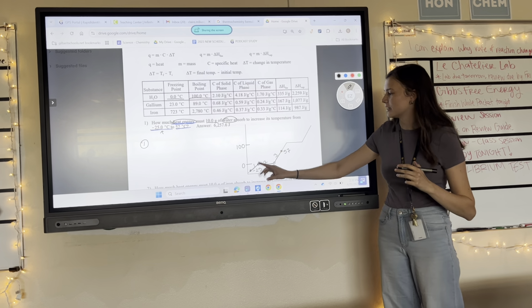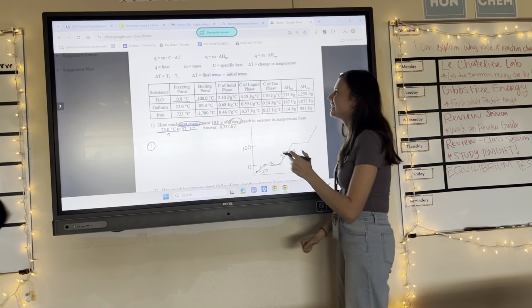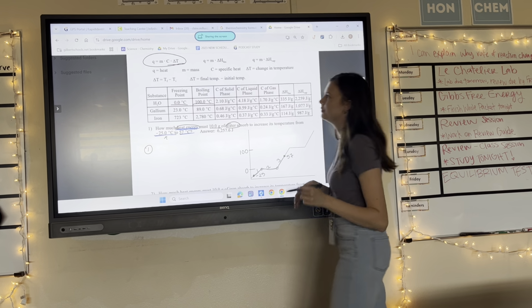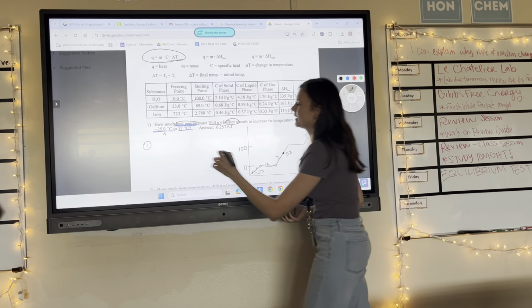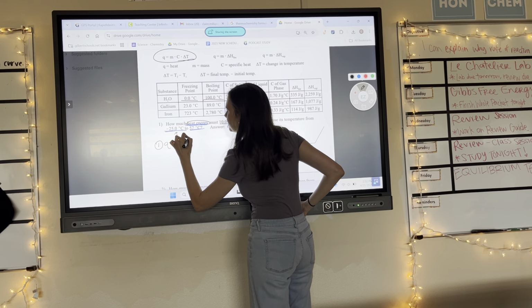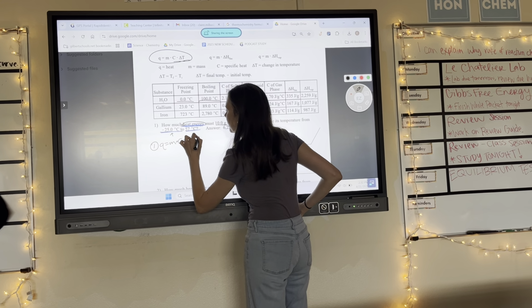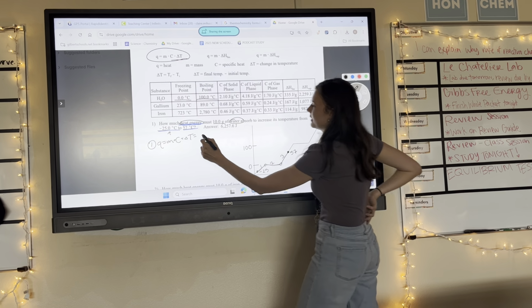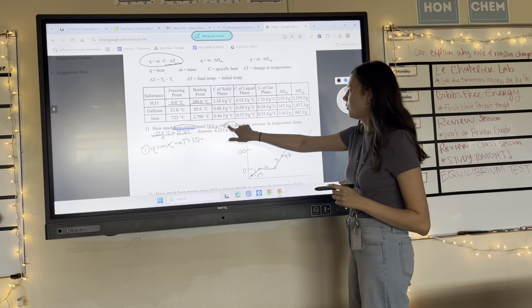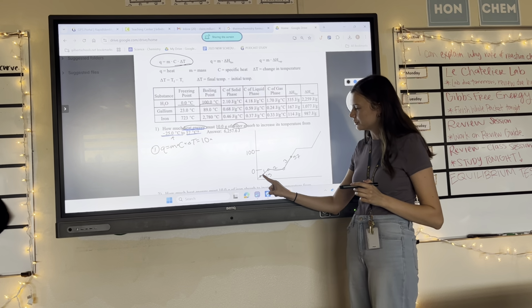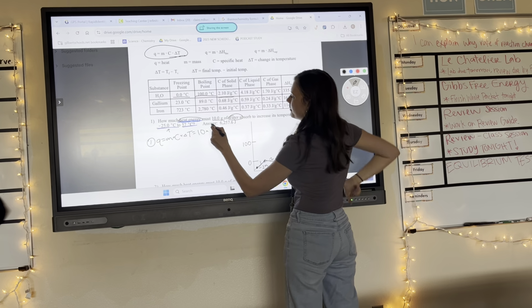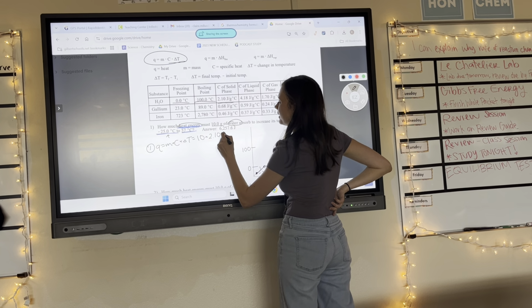The first line segment is a slanty line. Anytime you use a slanty line, you're going to use this equation, which is Q equals M times C times delta T. So I'm going to start plugging in all the values that I know for this problem. My mass is 10 grams. The C value, because I'm talking about water and I'm on the solid portion of the heating curve, I'm going to go like this on my table until I figure out that my C value is 2.1.